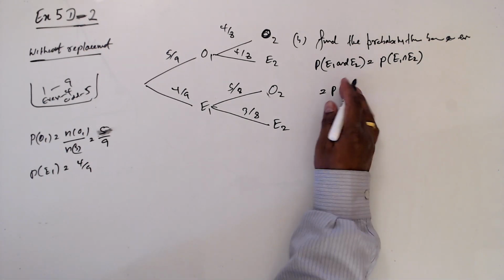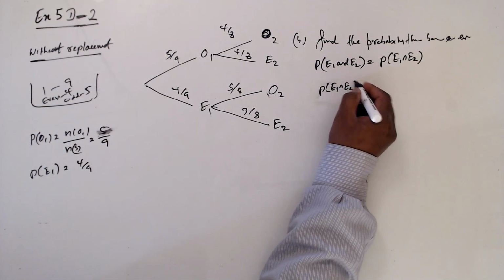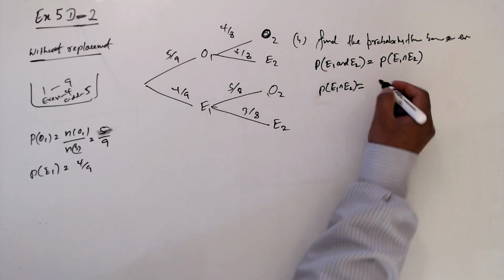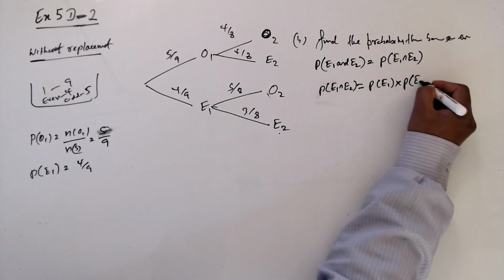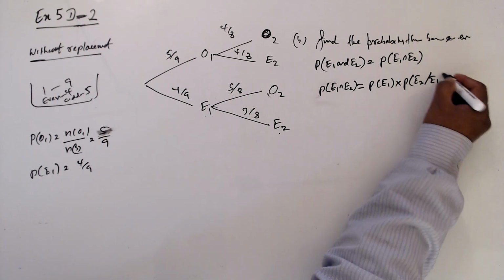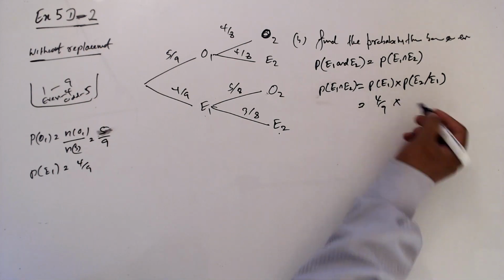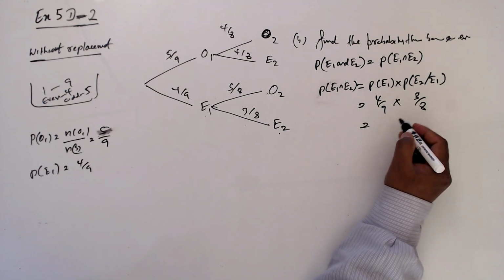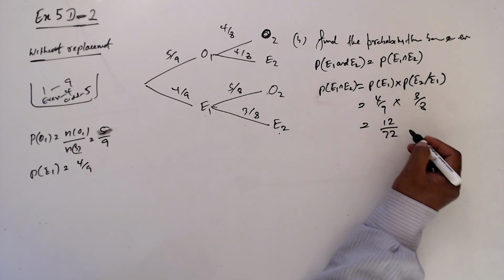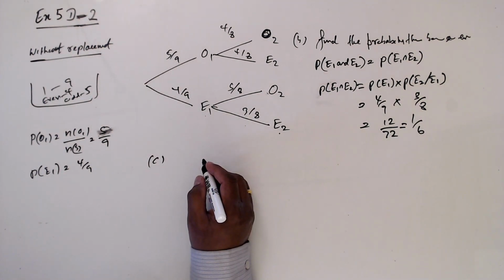Probability E1 intersection E2 equals probability of E1 multiplied by probability of E2 given E1. So this is going to be 4 over 9 times 3 over 8. So this is going to be 1 over 6.